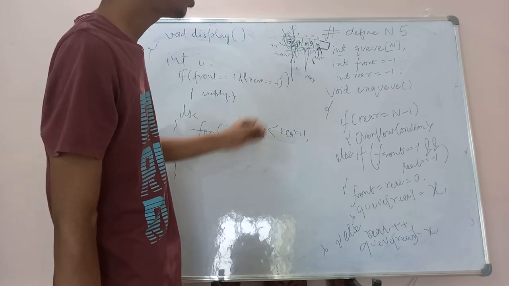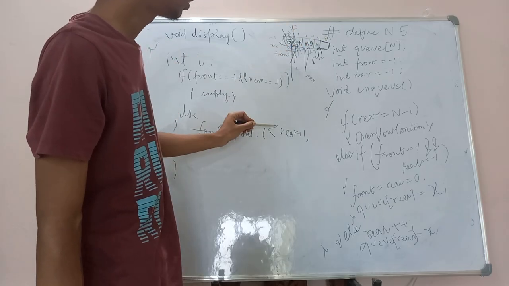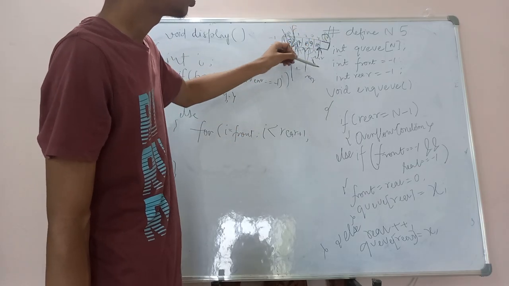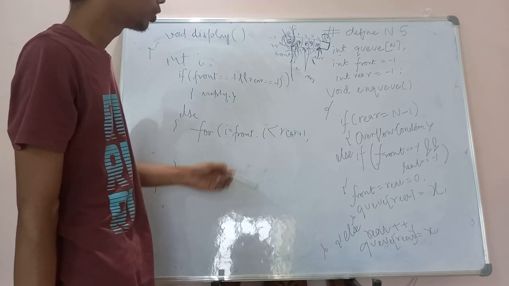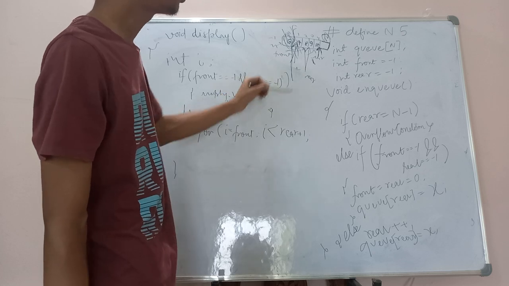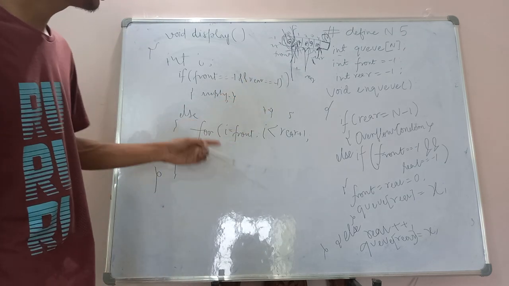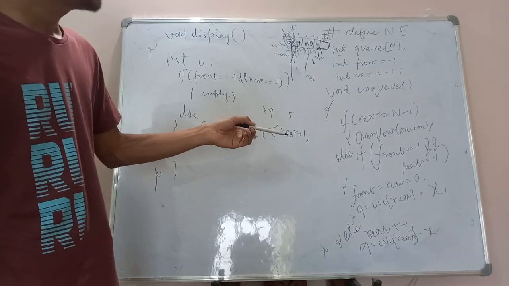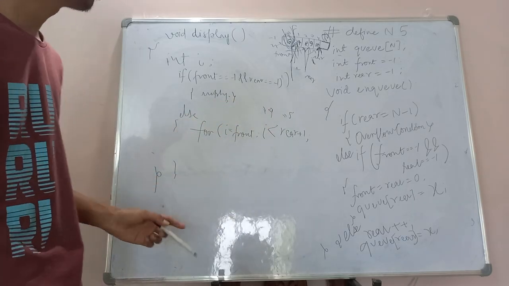So once i becomes 5, the loop will be of no use, right? I will get my i equal to 4 and rear plus 1 is 5, right? So I will print, but when the updation makes it 5, then I will go outside the loop, right?